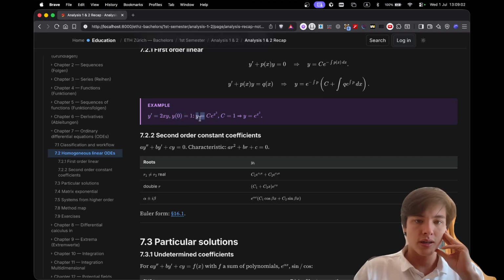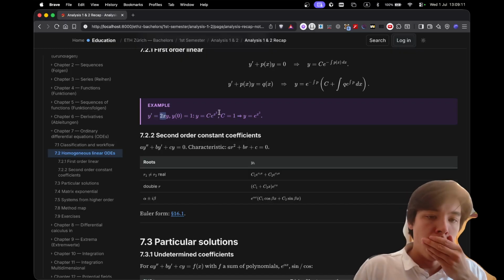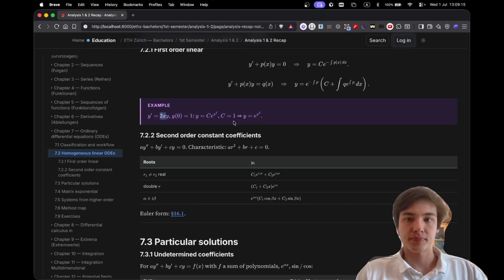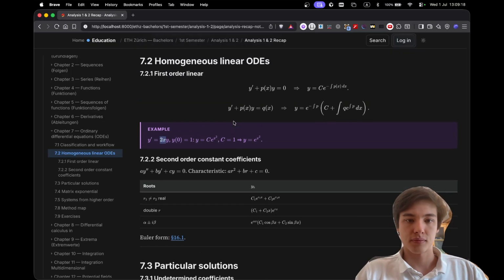So you can say y is e to the power of x squared. The integral should be x squared, it's not minus x. I feel like there's something wrong here.